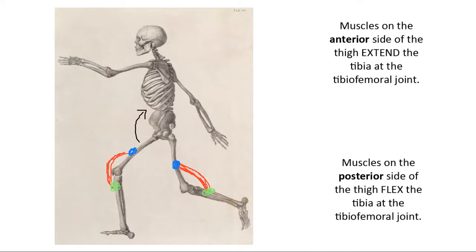When the femur goes forward, the angle between the pelvis and the femur gets smaller. When the angle gets smaller, that's flexion. When the tibia moves backwards, the angle between the tibia and the femur gets smaller. That's flexion.